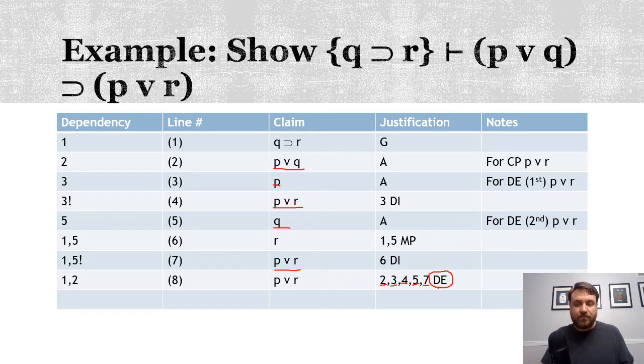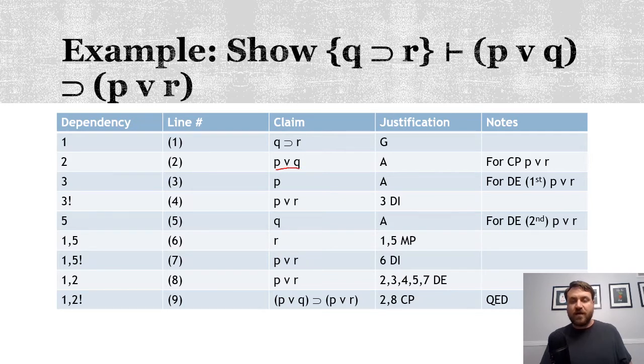That's pretty much it. But now we have to finish out the proof, because remember, the whole point was we wanted to be able to prove this conditional statement up here. So we finish off our conditional proof, and we say, look, we assumed P wedge Q, and we got P wedge R, which is right here.